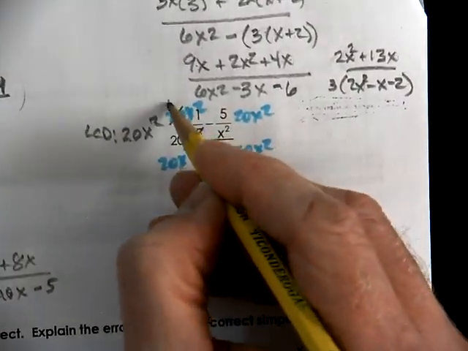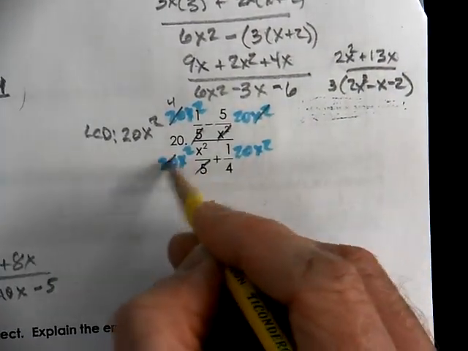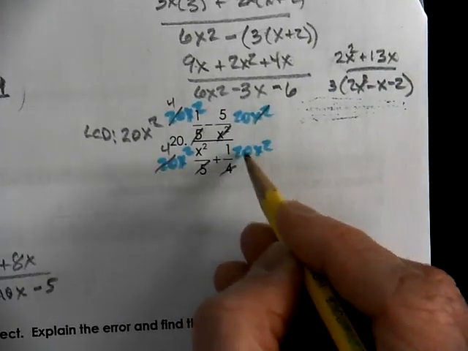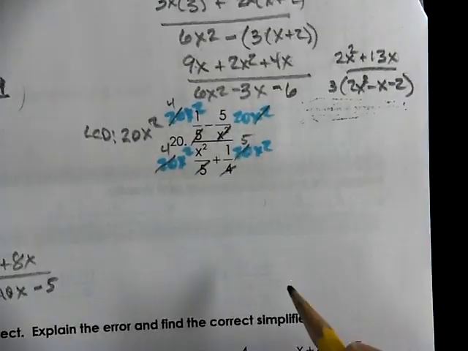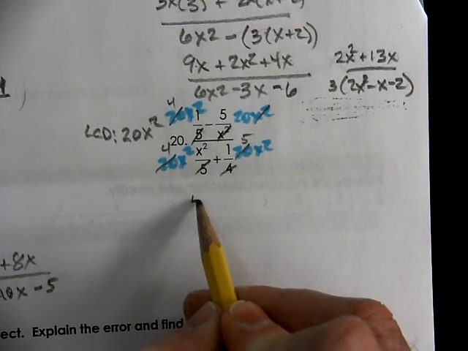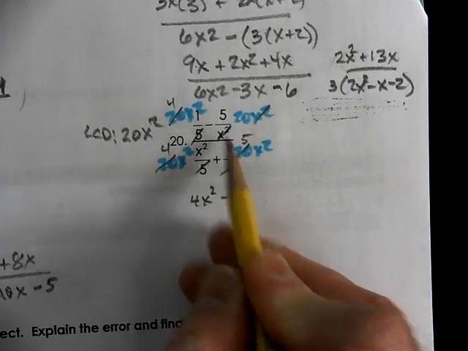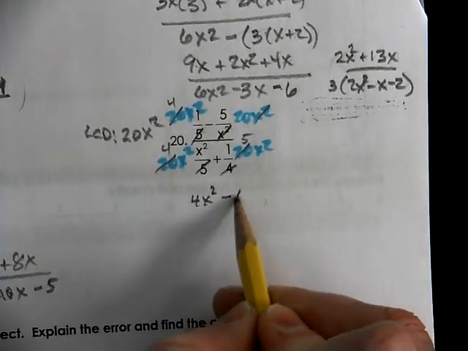The 20 and the 5 are going to reduce. The x squared is going to reduce. The 5 is going to reduce with the 20. The 4 is going to reduce with the 20. So that's going to give us 4x squared minus 100.